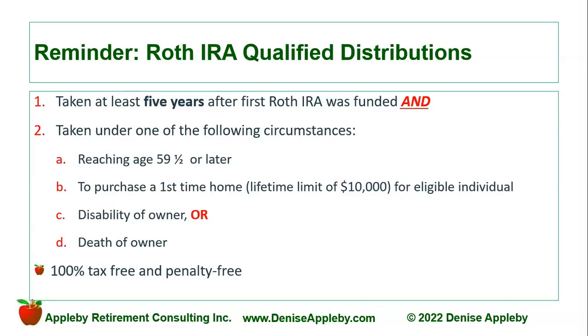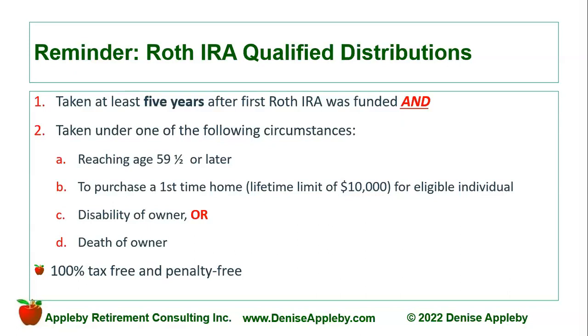Requirement number 1 is that the client has to have funded a Roth IRA for at least 5 years before the distribution is being taken. And notice that I said a Roth IRA, which means that it doesn't have to be the Roth IRA that the distribution is being taken from. It can be from any Roth IRA that the client owns.